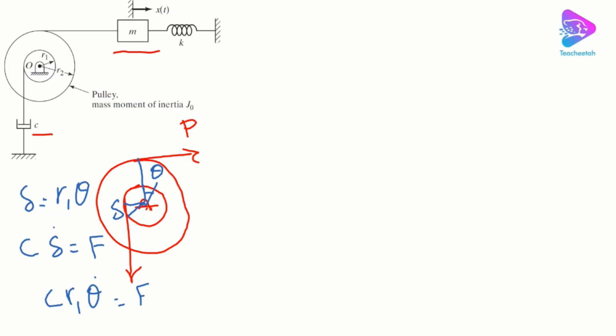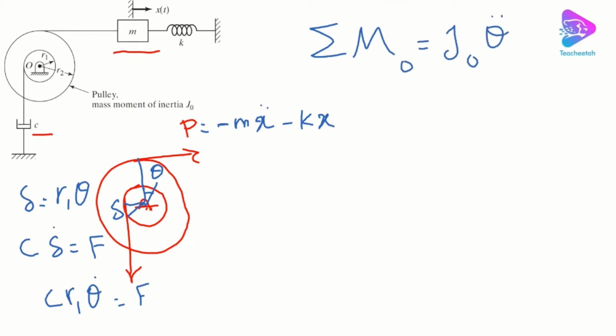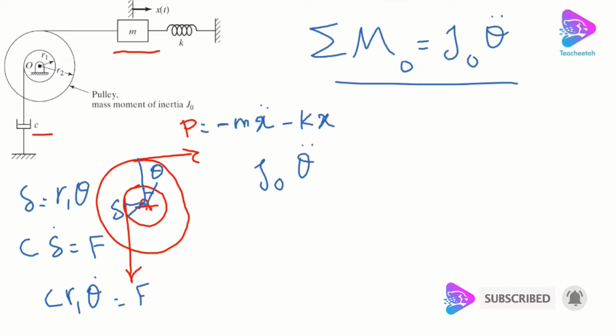So we have the two forces acting on the pulley. So this is minus mx double dot minus kx. Now let's use Newton's law for the pulley around point O, which is equal to JO theta double dot. If we know the forces acting on the system, we can write JO theta double dot, and JO is given in the problem, or we can use the formula for it. It is equal to P times the arm of moment, which is R2.